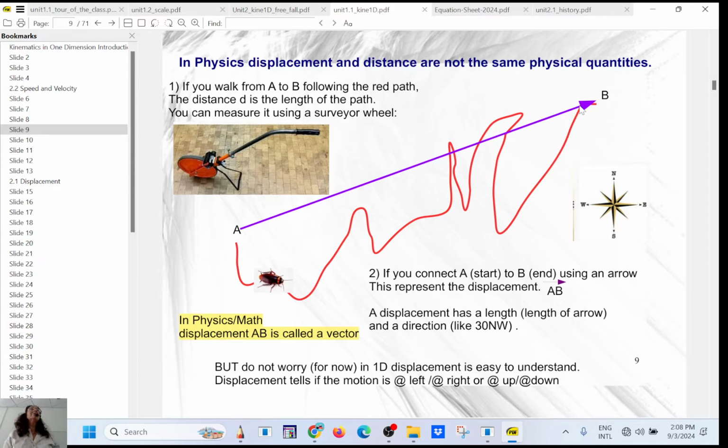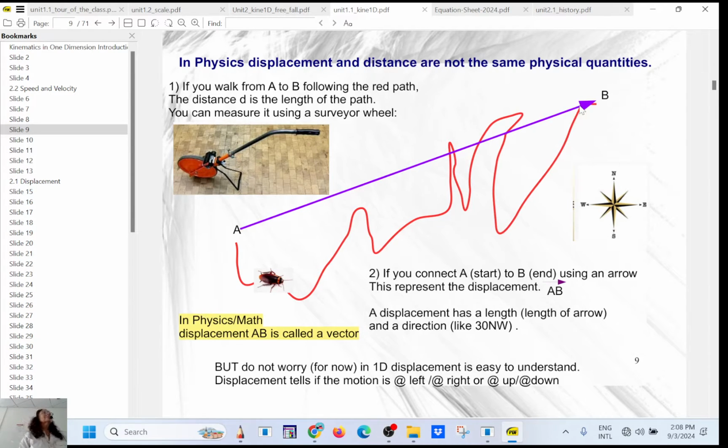So a vector has a magnitude, how much? A unit of what? And a direction, which way? A scalar, like a distance, a time, energy, volume, area, they all are scalars and they have a magnitude and a unit.